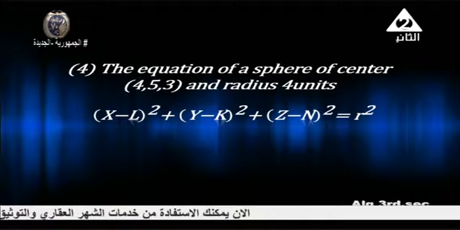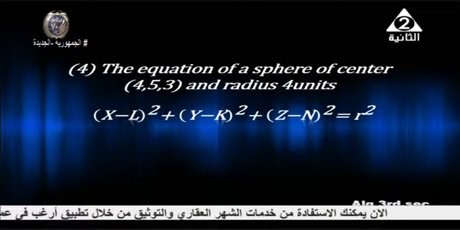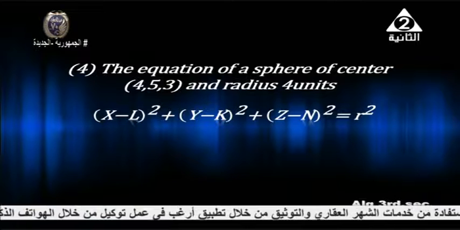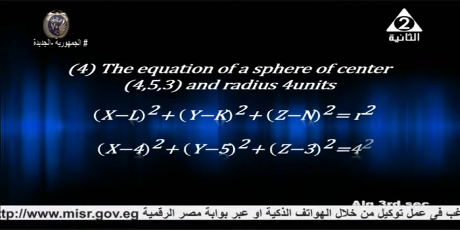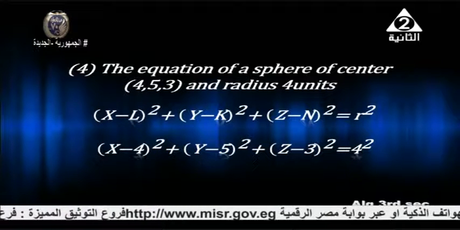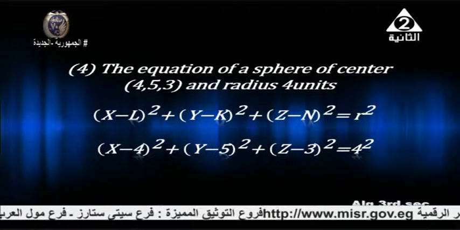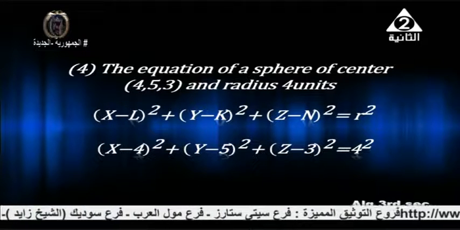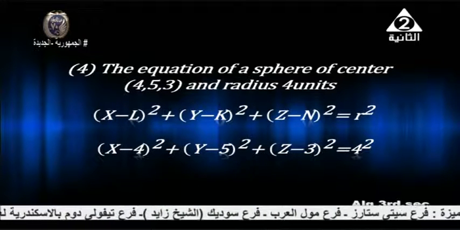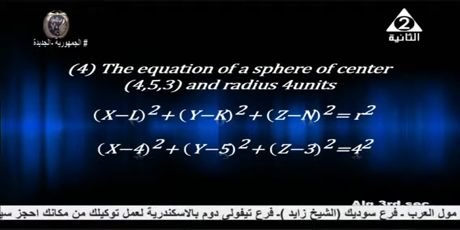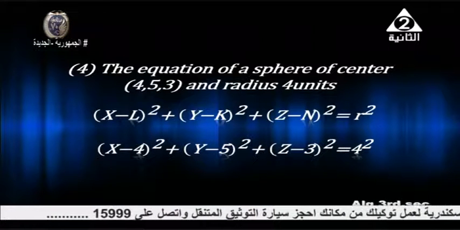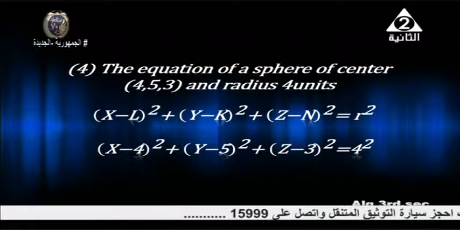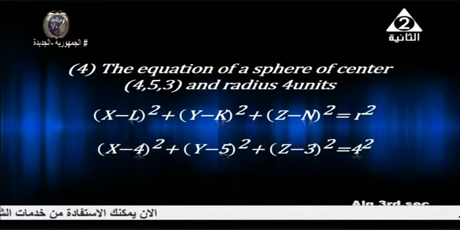By substitution, L equals 4, K equals 5, N equals 3, and radius equals 4. Then we deduce (x minus 4) squared plus (y minus 5) squared plus (z minus 3) squared equals 4 power 2, or 16. This is called the standard equation. We have another equation called the general equation.